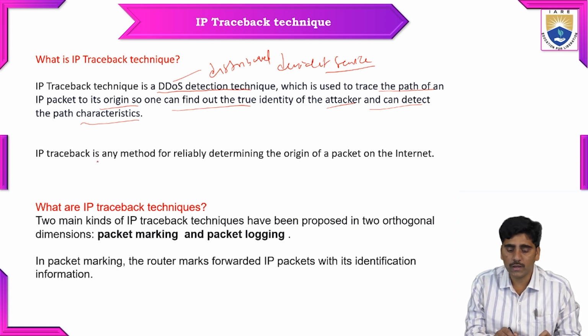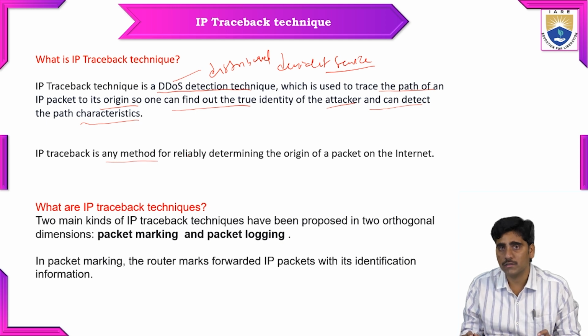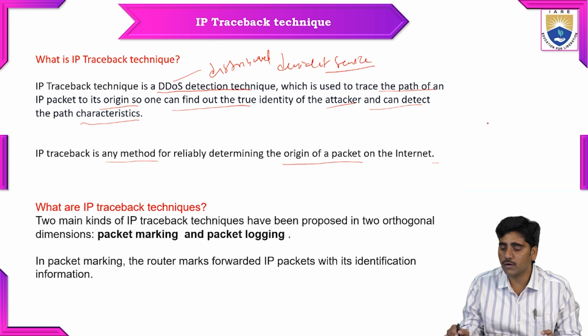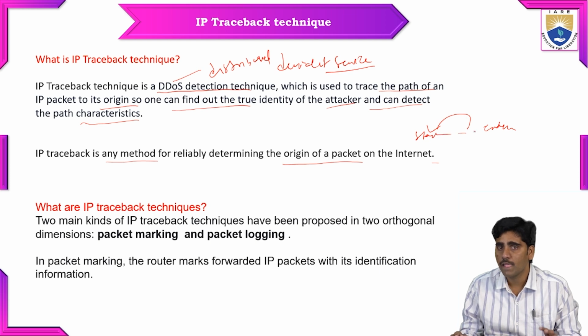So IP traceback is any method for reliably determining the origin of a packet on the internet. So where the packet has been generated and towards where it is moved to the end of the destination. By doing this traceback technique, we can find out the ending point of the packet as well as the starting origin of the packet.